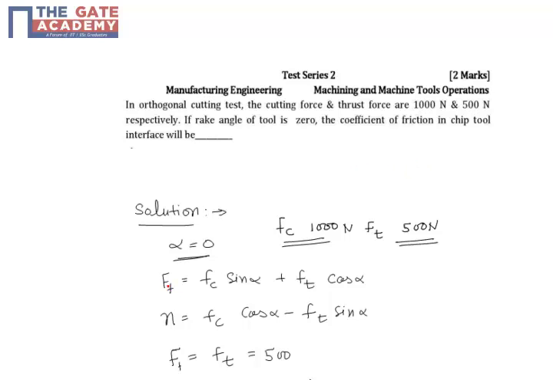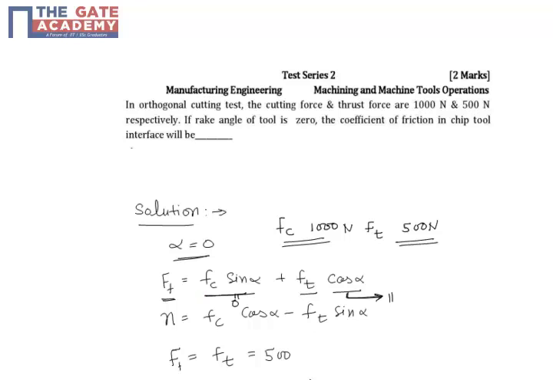We know that your frictional force is equal to your cutting force multiplied by sine alpha plus your thrust force multiplied by cos alpha. Here cos alpha is equal to 1, because alpha is equal to 0. But sine 0 gives the value of 0.